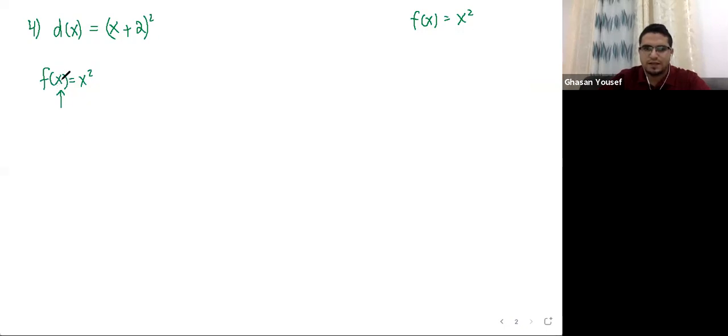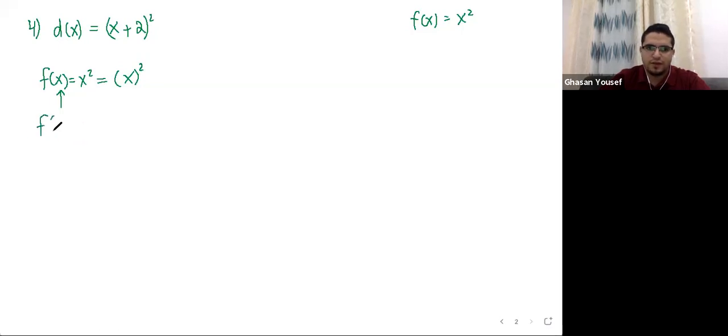If I plug in x plus 2 instead of x, I'm going to get something like this, because x squared is the same as open parentheses x close parentheses to the power 2. Now I plug x plus 2 inside the function.